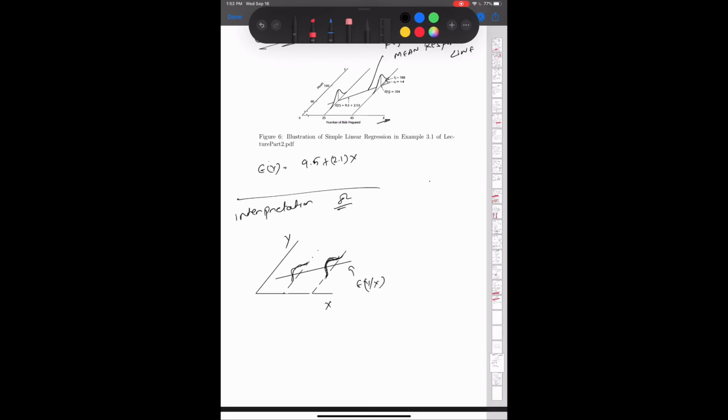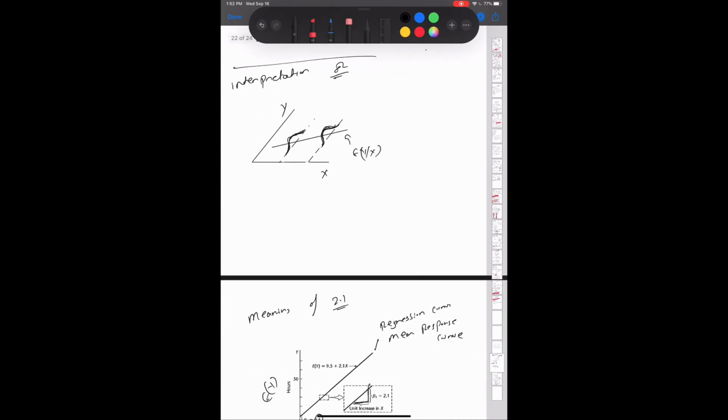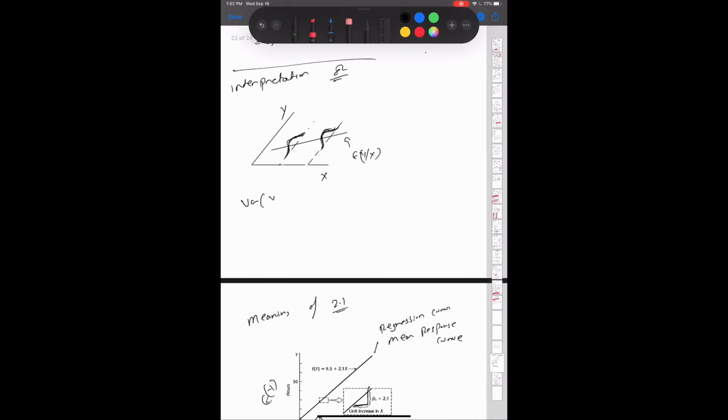Okay, so that's what x looks like. So I know that the variance of y1 is equal to the variance of y2, and they are all sigma square. So what is sigma square representing? Sigma square is representing how much uncertainty y has around the regression curve.